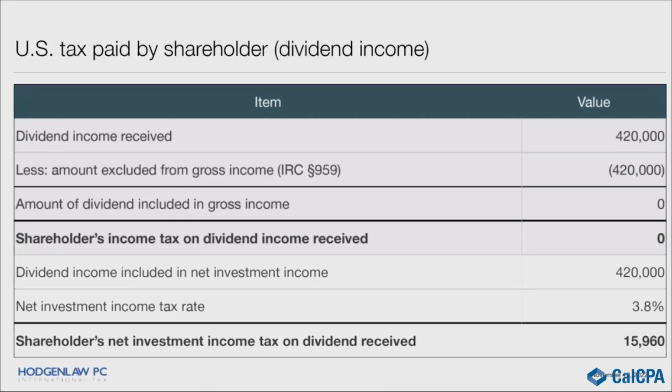So you have a different one, and therefore the exclusion of Section 959, which works to adjust your definition of gross income, does not apply to the net investment income part of the Internal Revenue Code. So $420,000 of dividend income for net investment income tax liability, 3.8%, $15,960 of net investment income tax.